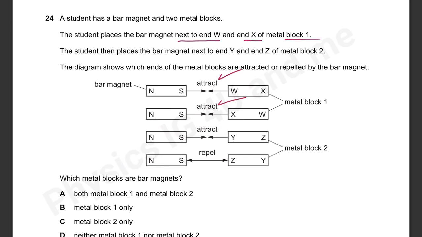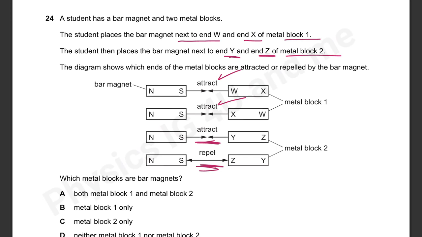The student places the bar next to ends Y and Z of metal block 2. Okay, here and here. The diagram shows which ends of the metal blocks are attracted or repelled by the bar magnet, okay? Which metal block is a bar magnet?